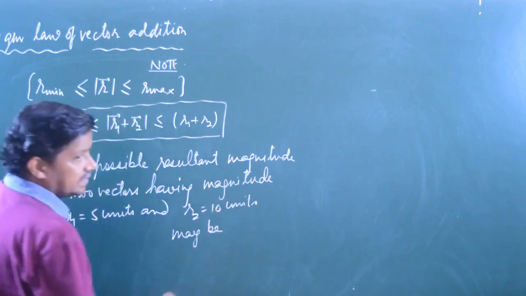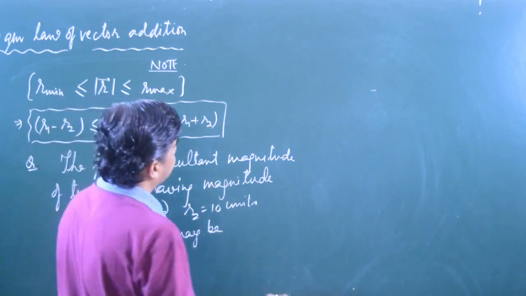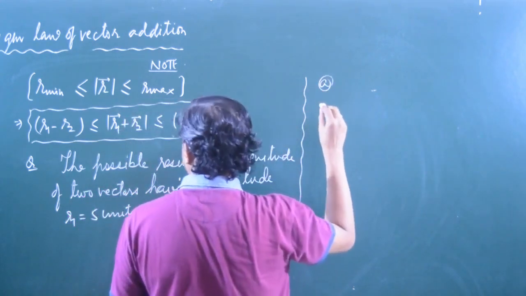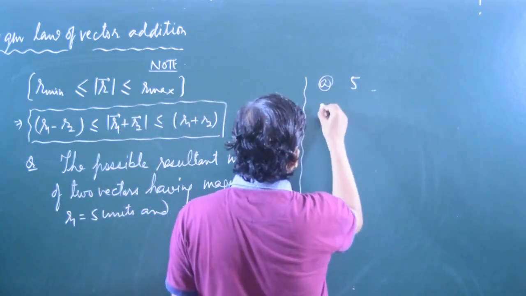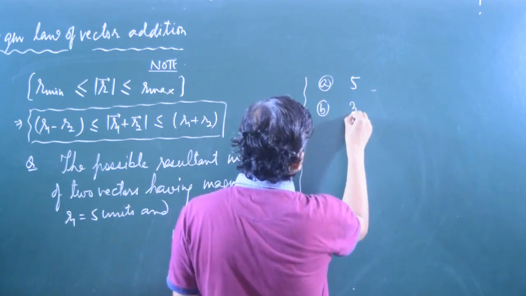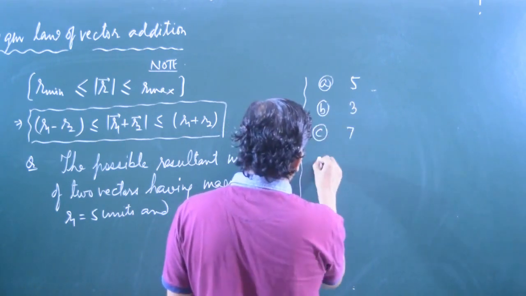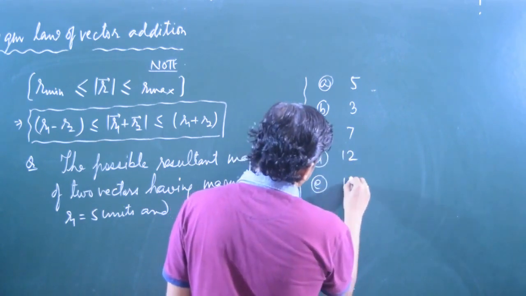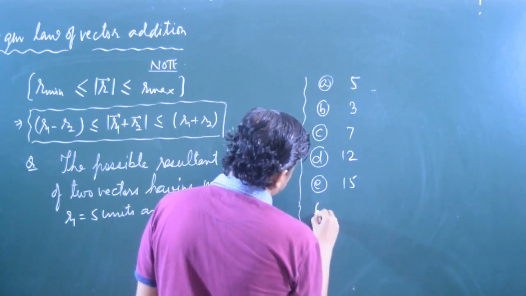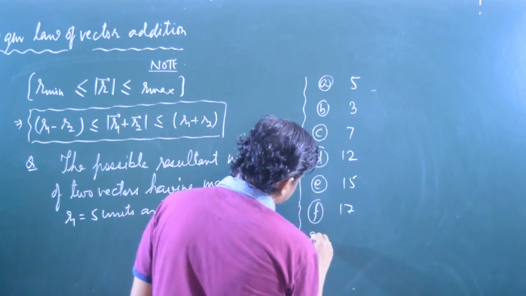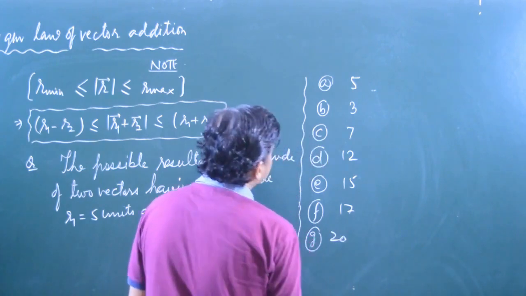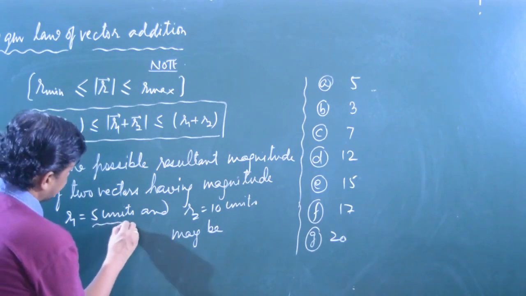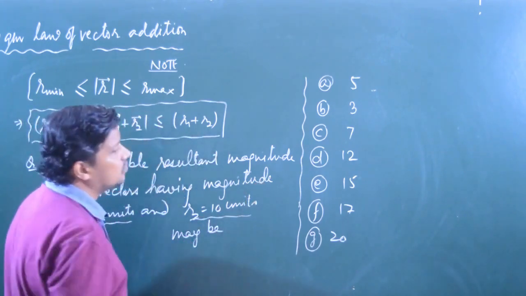Maybe I take some options and you have to tell which result is possible. Like A 5 units, B 3 units, C 7 units, D 12 units, E 15 units, F 17 units, G 20 units. So which result is possible using these vectors? Okay, that we have to verify here.